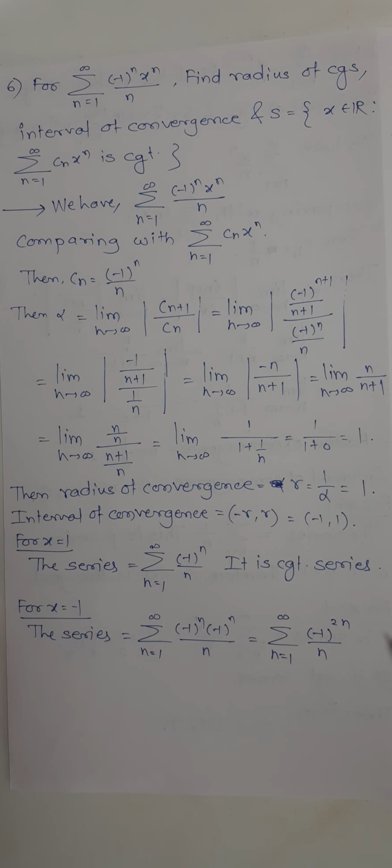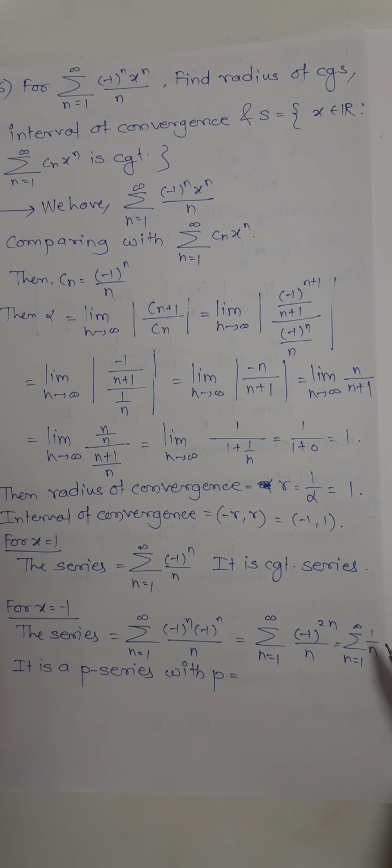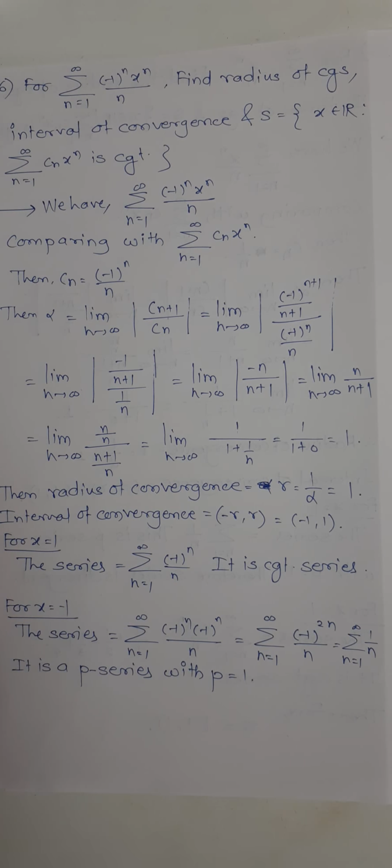As the power is even, an even power of -1 is obviously 1. So it's simply 1 by n. It's a p series, where p means the power of n. What is the power of n? Nothing is there, that means 1 is there, so p is equal to 1. A p series is convergent only for p greater than 1. But here p is 1, so it's a divergent series.